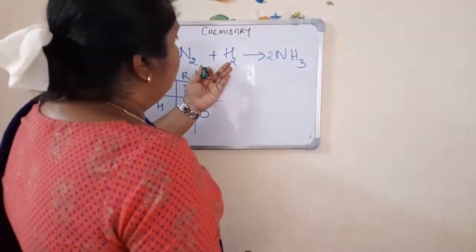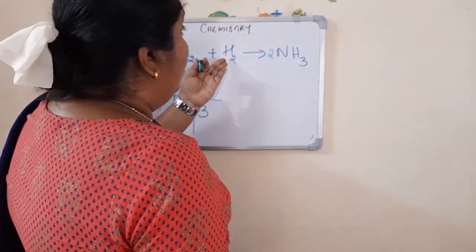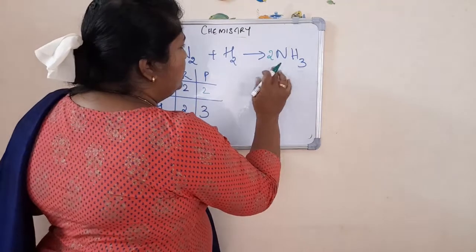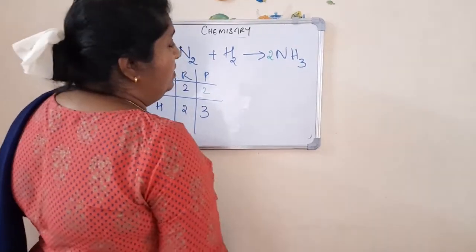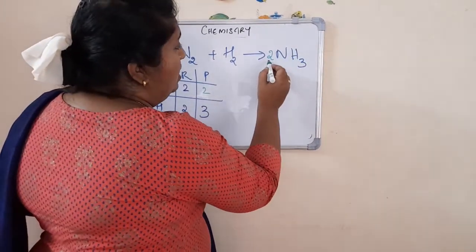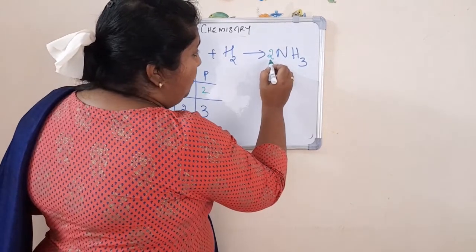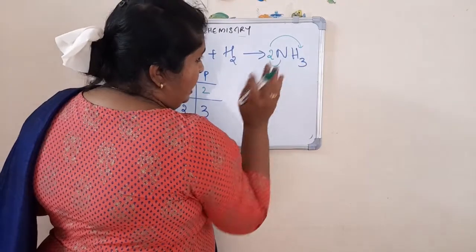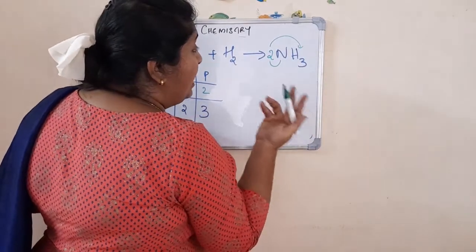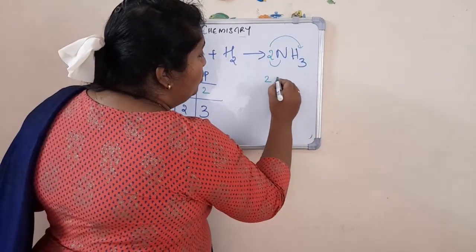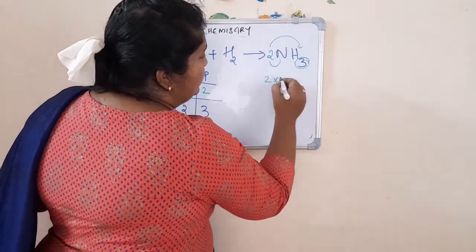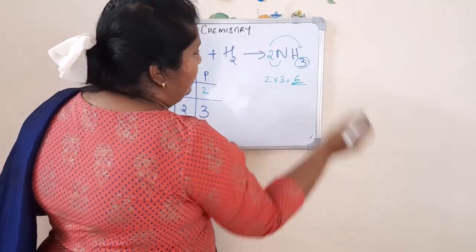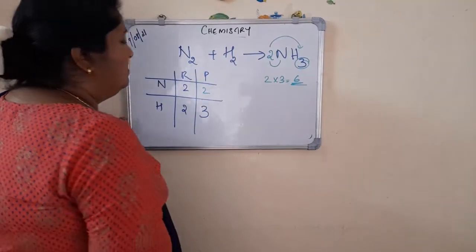There are 2 hydrogen atoms in the reactant side. And in ammonia, this 2 is applicable to nitrogen as well as to hydrogen. So 2 into 3, that is 6 hydrogen atoms are there now.